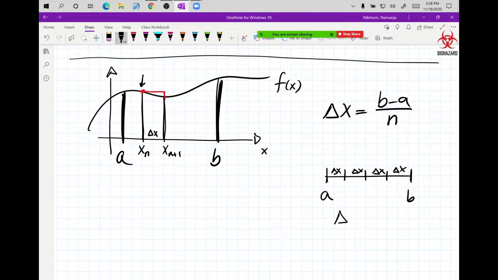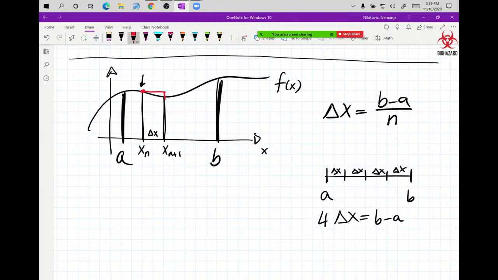So you say delta x is you take b all the way out minus a all the way out the other way, and divide that by how many delta x's you have, and you have 4 of them. You can think of it this way as well: these 4 delta x's are equal to b minus a, and then you just divide both sides by 4.